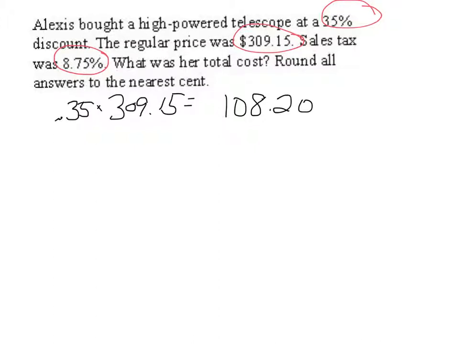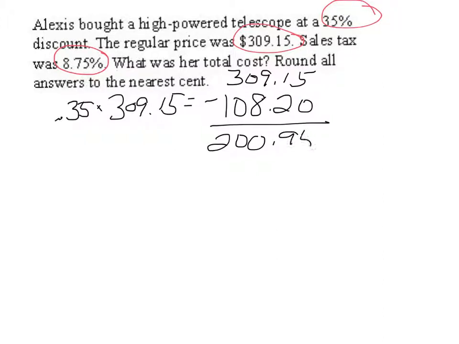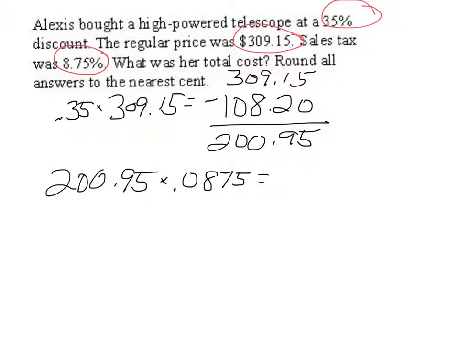So we need to take her original and subtract to see how much she's paying. And she pays $200.95 before tax. So the sales tax is 8.75%, so we need to take that times 0.0875 as a decimal to get our tax.